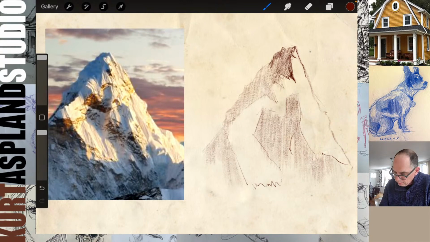Got a nice rock down here in shadow, right? Surface lines, trying to really separate one side from the other by a nice even tone.